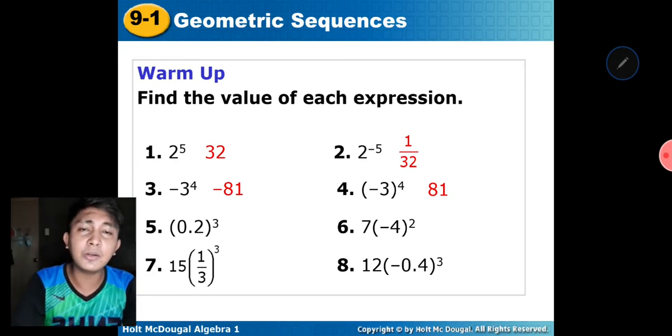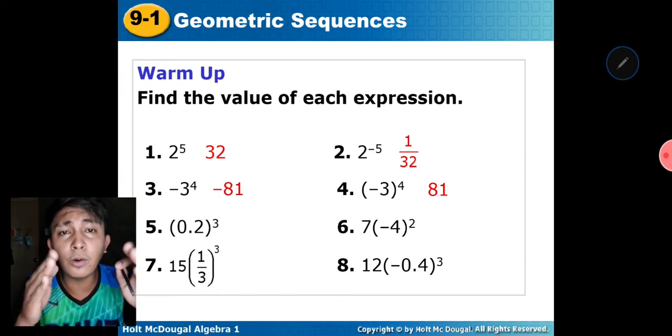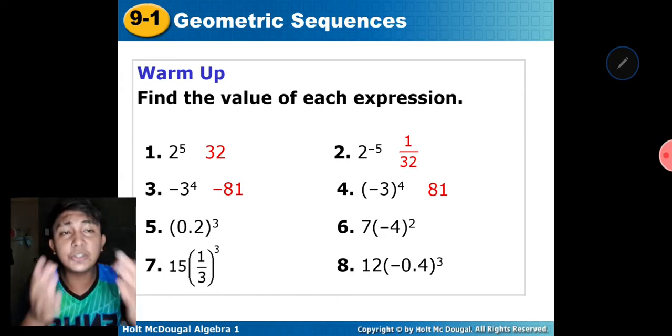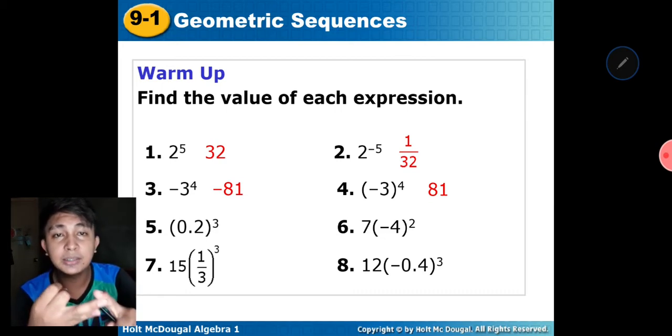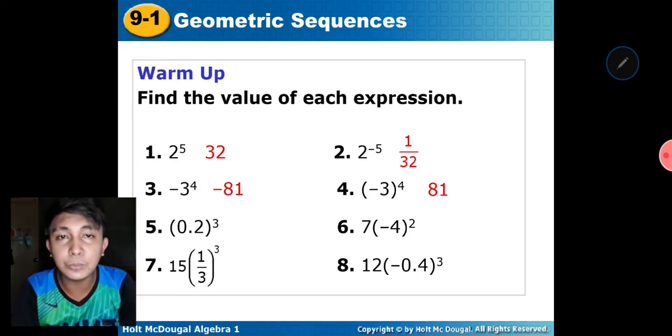On the other hand, in number 4, the whole integer negative 3 is raised to 4. So negative 3 times negative 3 times negative 3 times negative 3 is positive 81. So take note of that difference.